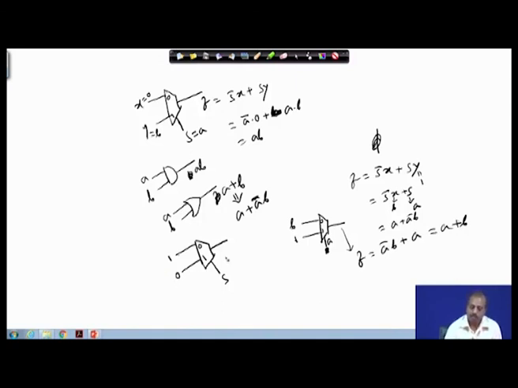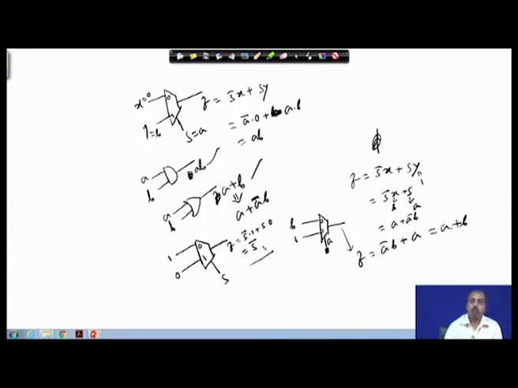Accordingly I get the output function f as S bar into 1 plus S into 0. That is equal to S bar. So, I am getting the inverter also. So, I am getting the AND gate, OR gate and the inverter.